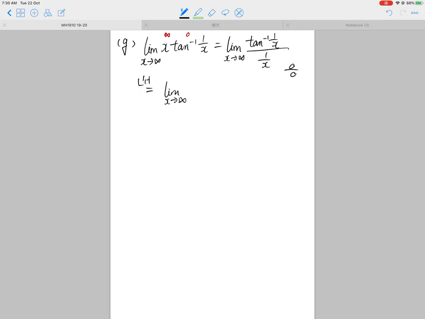Tangent inverse of something, the derivative is 1 over 1 plus its square. So the top is 1 over 1 plus this square, times negative 1 over x squared. The bottom's derivative is just negative 1 over x squared.